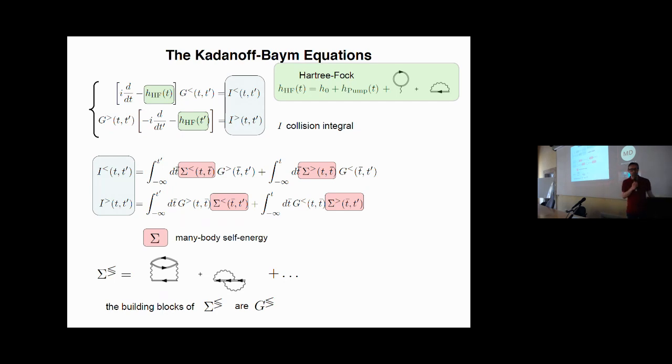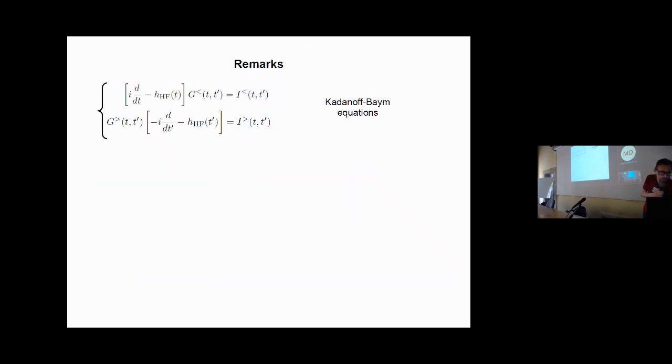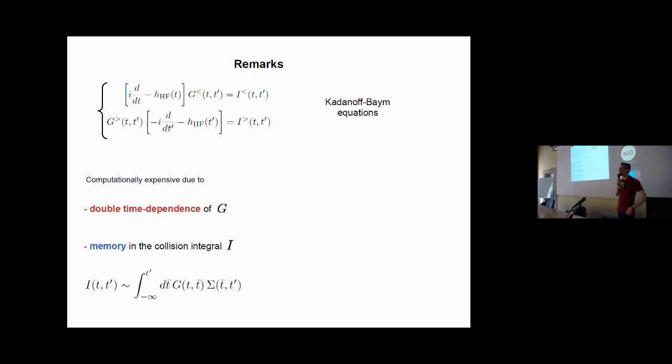But of course, what about their solution? It is obvious that their solution is very expensive from the computational point of view, because we have to propagate two objects that depend on two times, and on top of this, there is a time integral. So in order to know the situation at time t, we have to integrate over all the previous times.